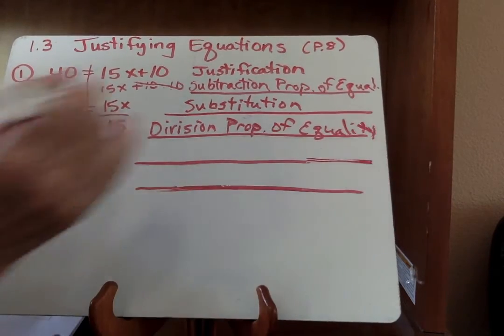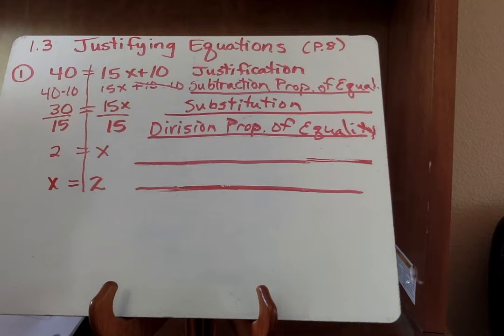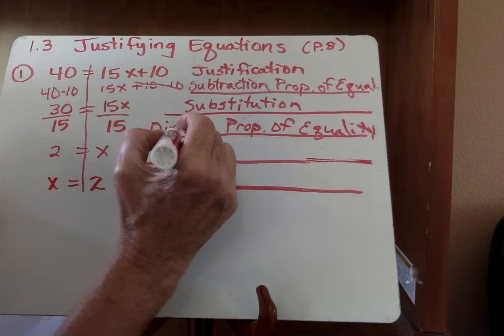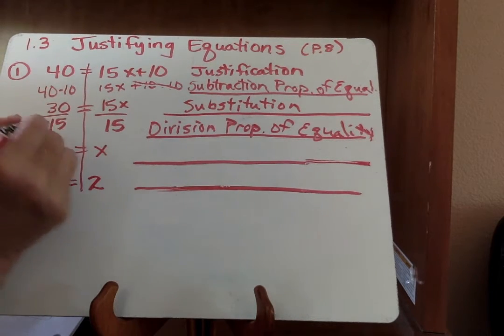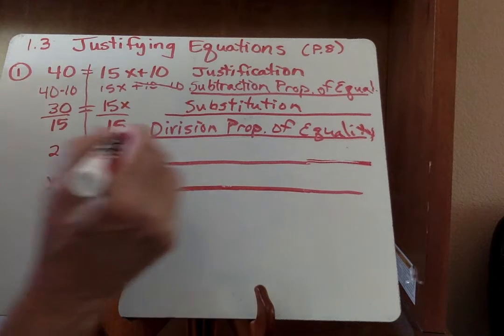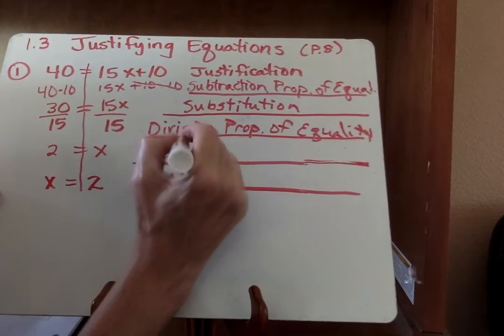Okay, and then we simplified again. So when we simplify, that's kind of another way to say we substituted. Okay, so for 30 divided by 15, we substituted that for 2. So substitution.